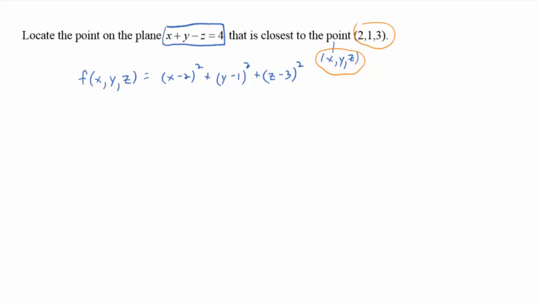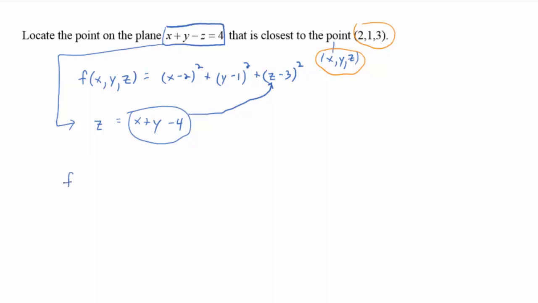So what we could do is solve for z in terms of x and y. What would that get us? Z equals x plus y minus 4. And then we could plug that in here for z, and then it becomes a 2-variable function. We'll call it f of x, y.